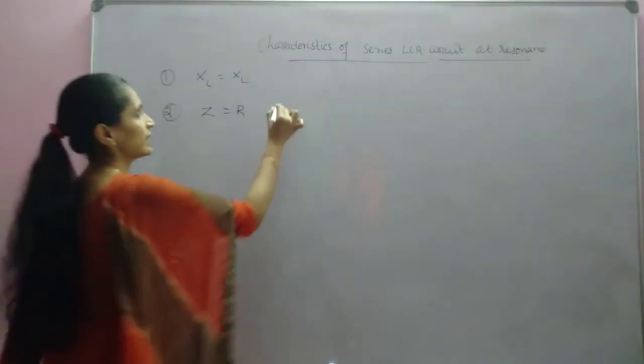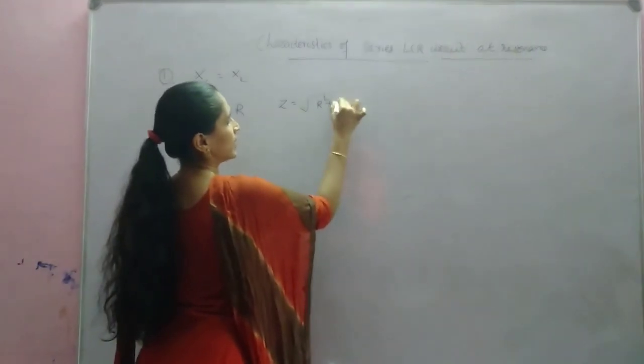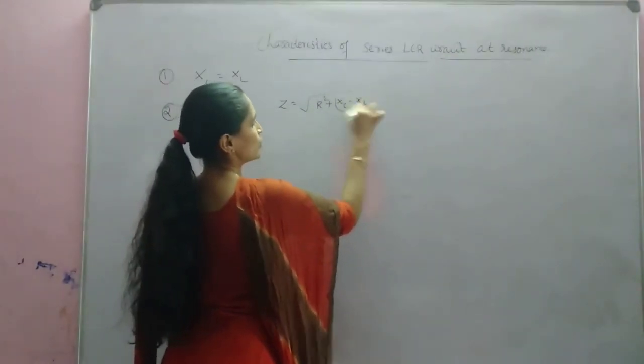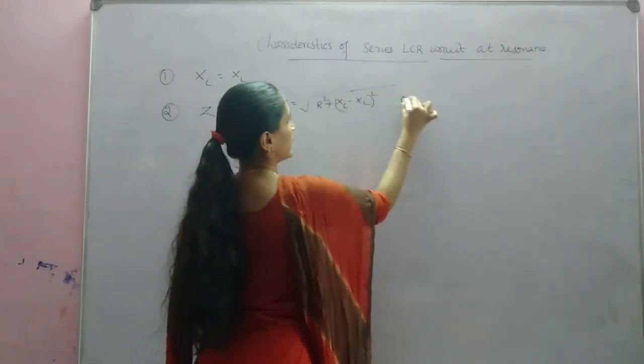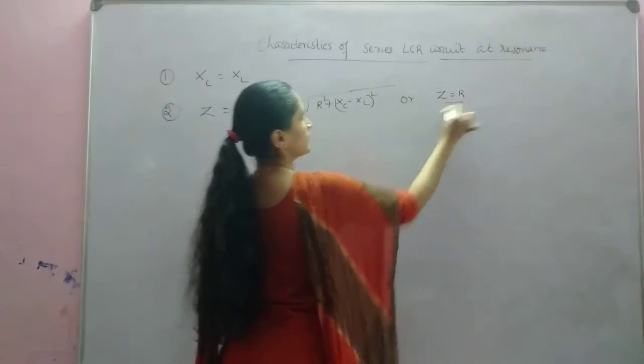So Z is equal to root of R squared plus (XC minus XL) the whole squared; this part will be 0, so we get Z is equal to R.